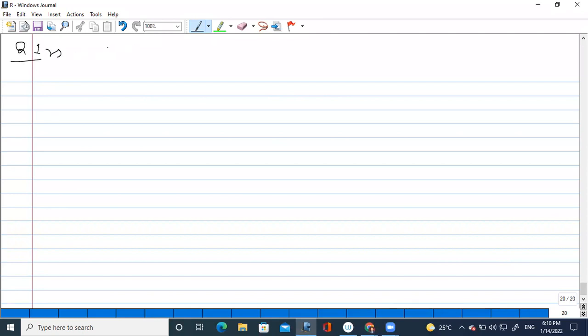The question is: for a 1D undamped oscillator. Remember, it is undamped, no damping. For damping, there must be a gamma value. Gamma we are not taking here. So this is undamped.